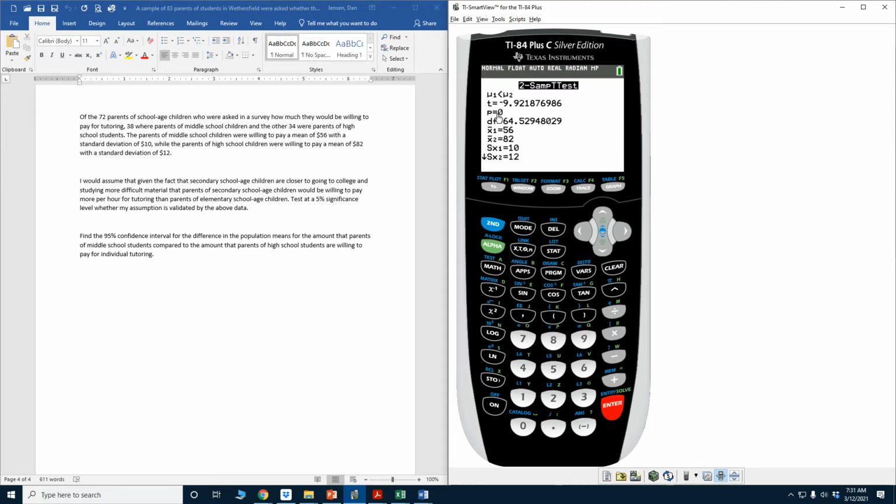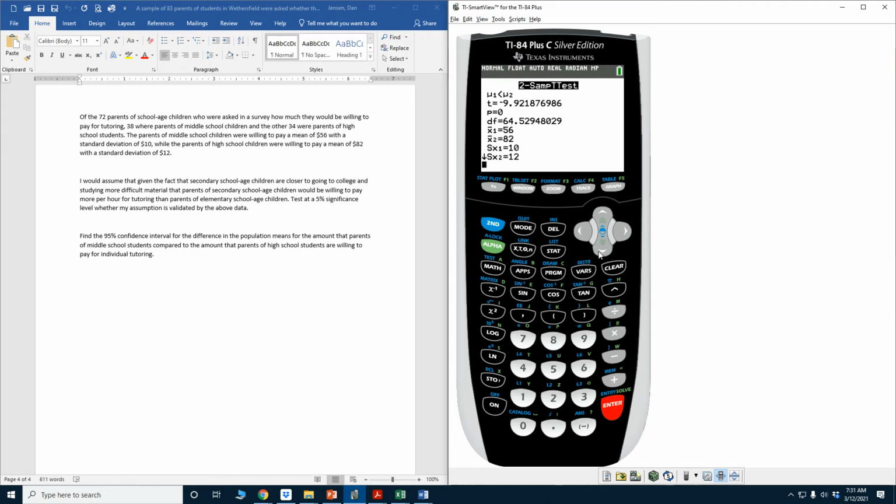T is huge, P is 0.000. So I can conclude that, in fact, there is a difference. In fact, there appears to be an extreme difference because my P is so close to 0, the calculator actually says 0. So I can reasonably conclude that the parents of high school age children are willing to pay more than the parents of middle school age children.